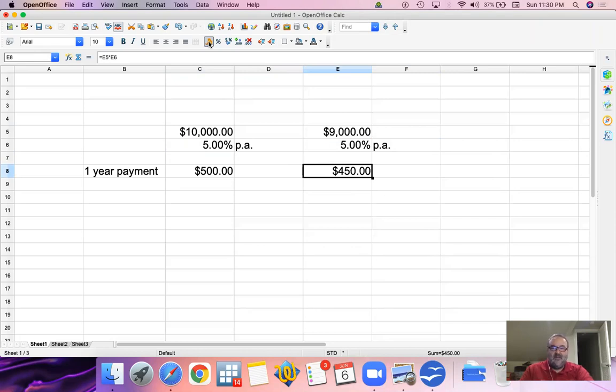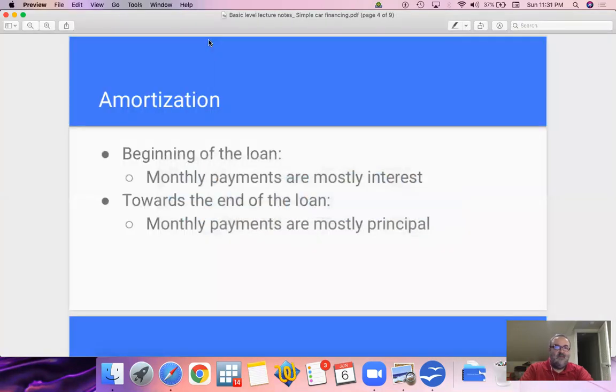And each monthly payment that you make, let's say that you're making about $250 of a monthly payment, some of this goes towards paying down the principal, and some of this goes to paying the actual interest. So at the beginning of the loan, your monthly payments are mostly interest.